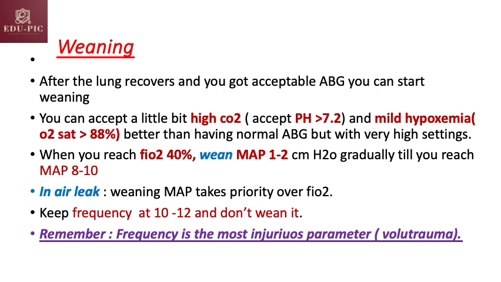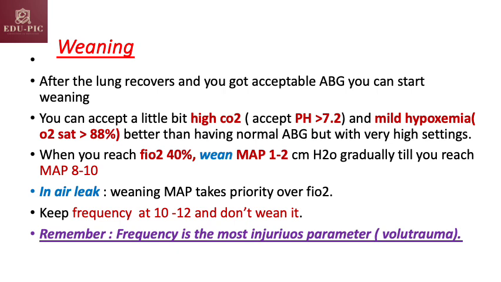Then you don't wean to this number, but you keep the MAP more than the closing pressure by at least 2 centimeter water above this level. Then after recruiting the lung and the lung gets better, you start the weaning process.